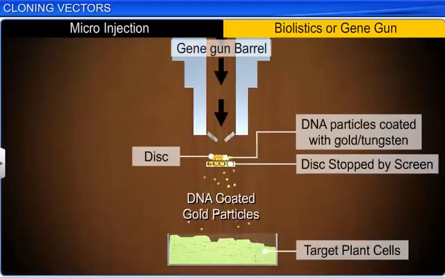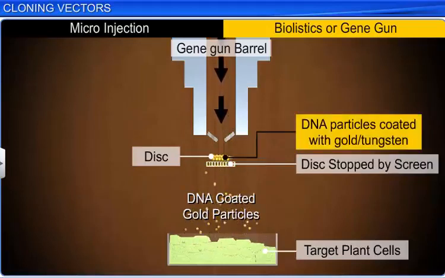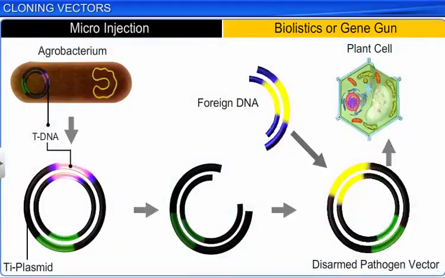While in the biolistics or gene gun method, plant cells are bombarded with high-velocity microparticles of gold or tungsten coated with DNA. This method uses disarmed pathogen vectors which, when allowed to infect the cell, transfer the recombinant DNA into the host.